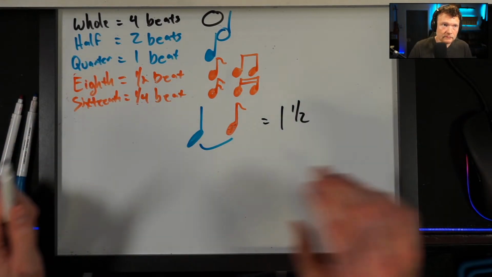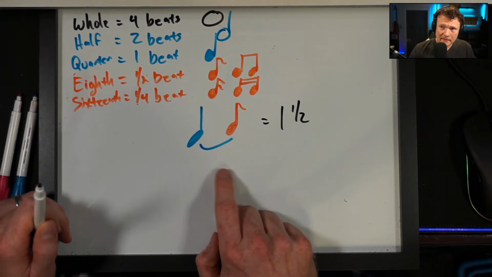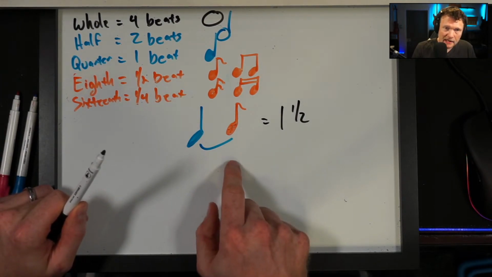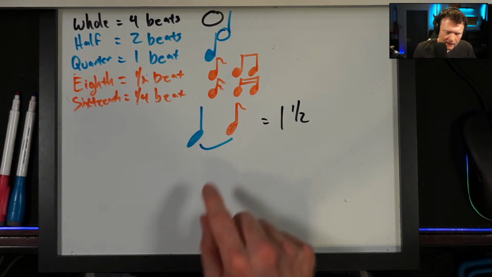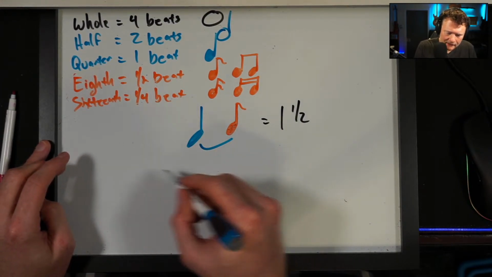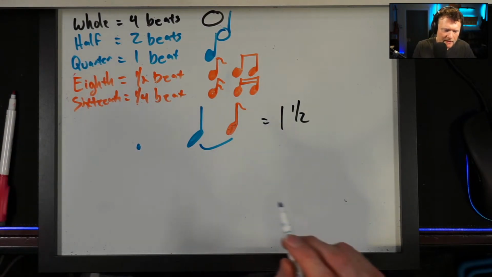Fair enough. However, this isn't always the best way to write this. It can be the best way, but not always. A lot of times there's this thing called a dot, a dotted note, and this may be confusing to somebody.